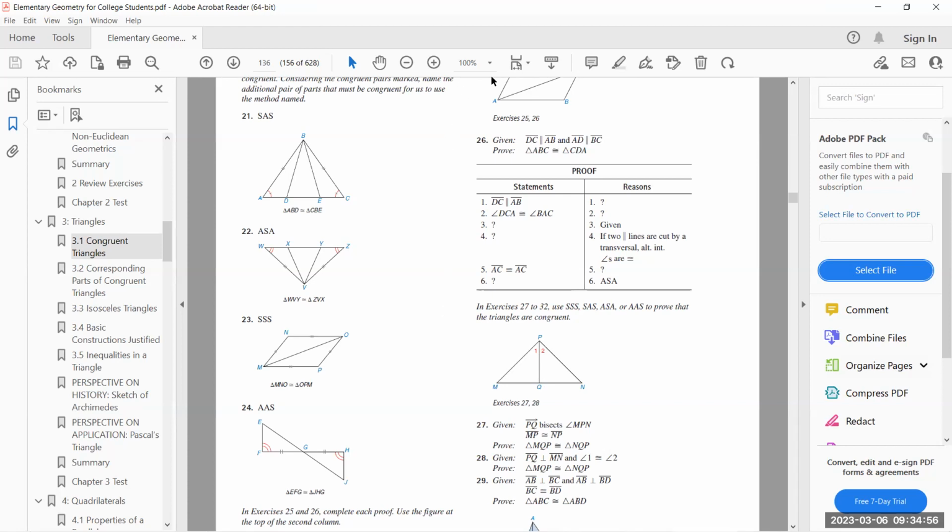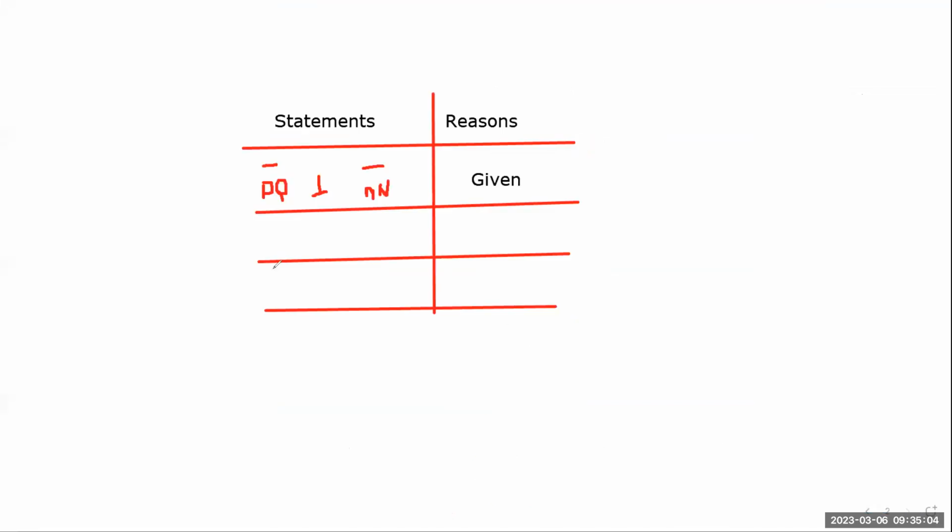So then you say that angle MQP. So there's always a 90-degree angle when you have the top part, I forgot what it's called.